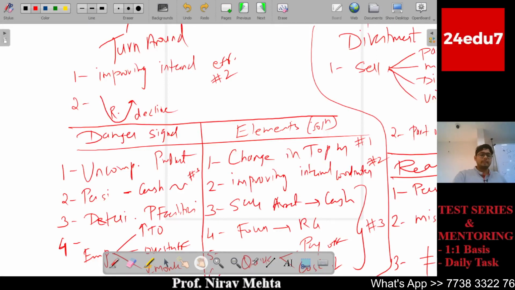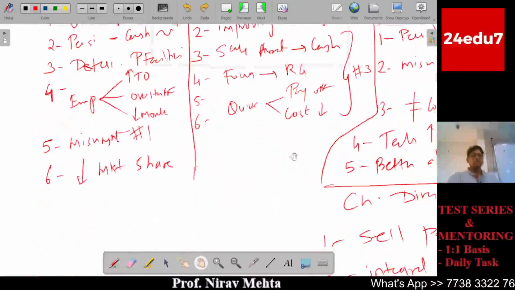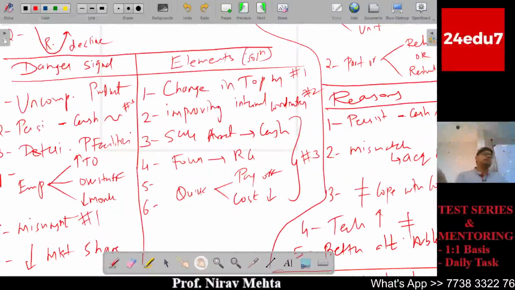Danger signals: uncompetitive product, persistent negative cash flow, deterioration in physical facilities, employee turnover high, overstaffing, low morale, mismanagement, decline in market share, change in top management.